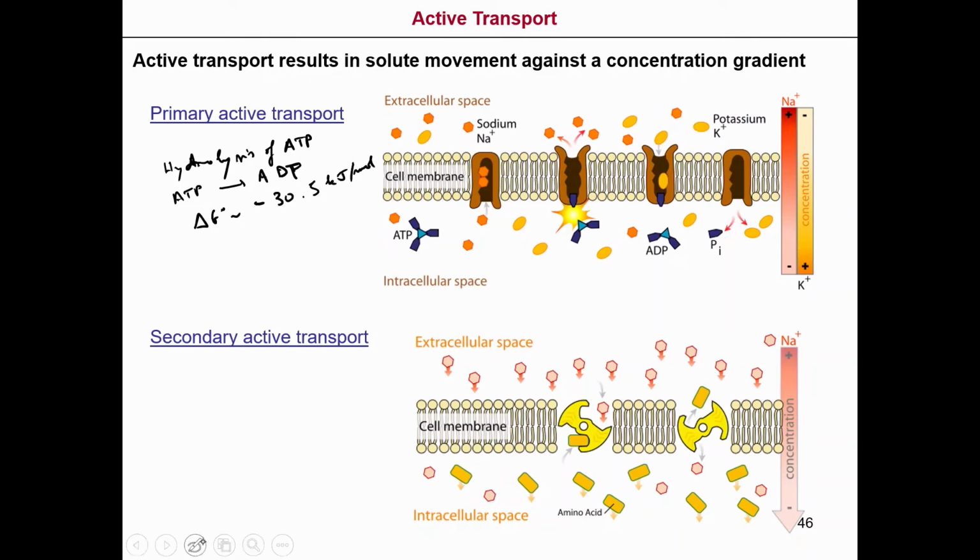For the secondary active transport, you need another source of energy. It's not the hydrolysis of ATP. It will be the transport of something from the high concentration to the low concentration. We will see that in some examples, okay?